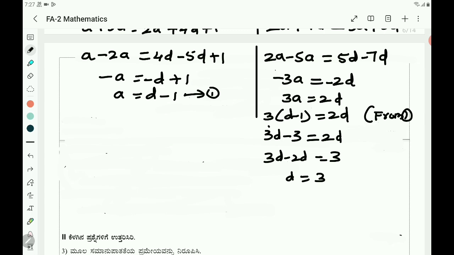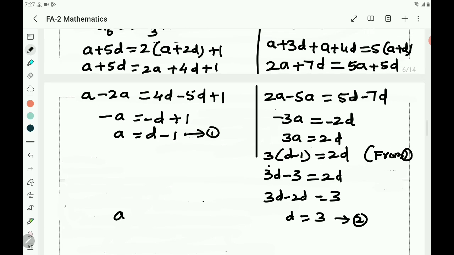So you write the first one again and substitute the value of D to get the value of A. Consider this is second. Then write the first one: A equals D minus 1.